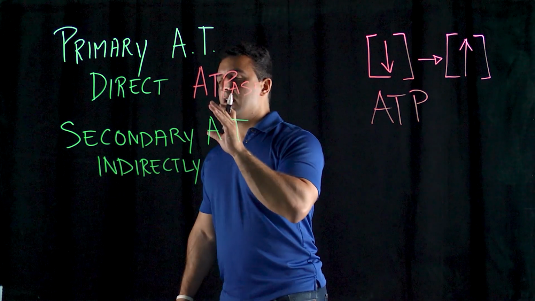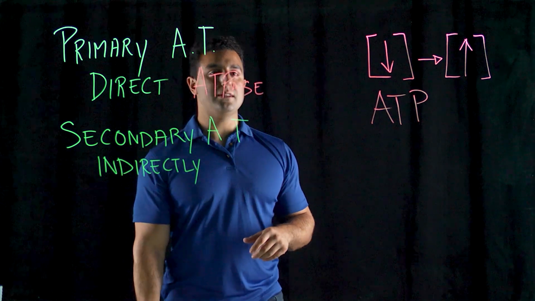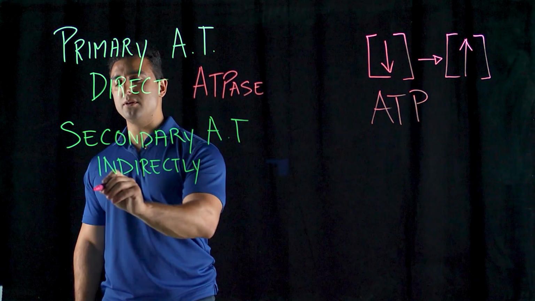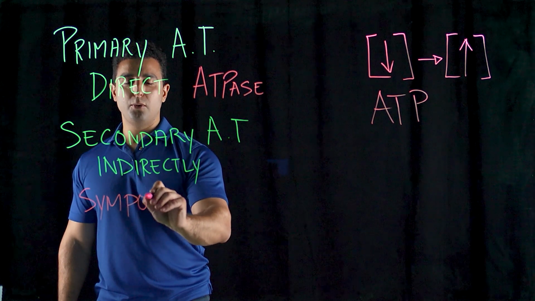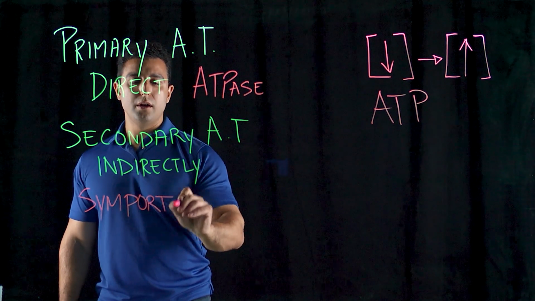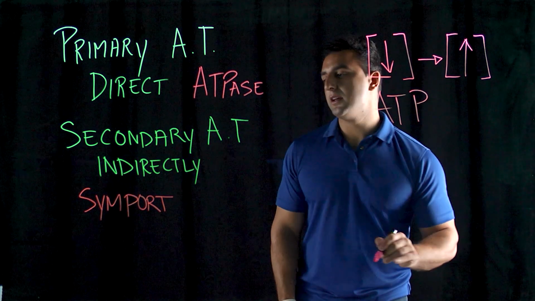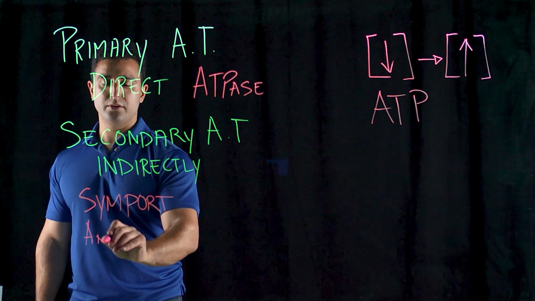What's really important is that there are two specific kinds of secondary active transport. There are the symports. What does sym mean? Symport means two or more molecules go in the same direction. So symport channels. And the second is antiport channels.